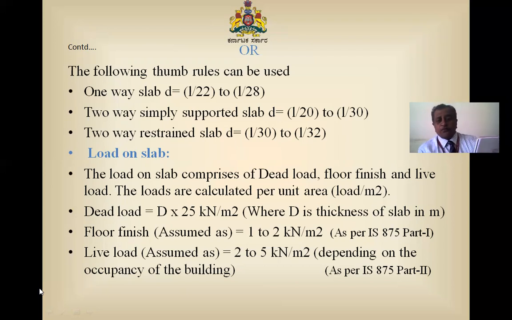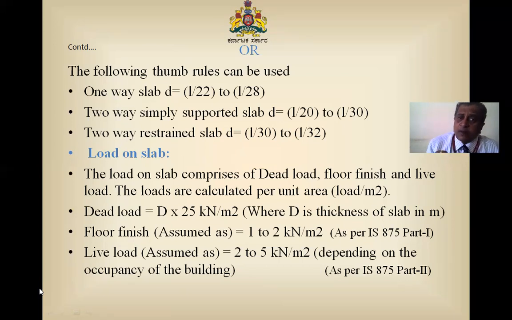See, clause number 24.1. What does clause number 24.1 say? For two-way slabs, for shorter spans up to 3.5 meters, with mild steel reinforcement, and live load not exceeding 3 kilonewton per meter square, the simply supported span to effective depth ratio is 35 for MS bars.